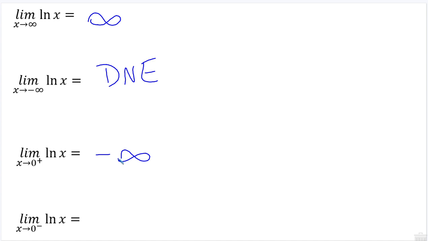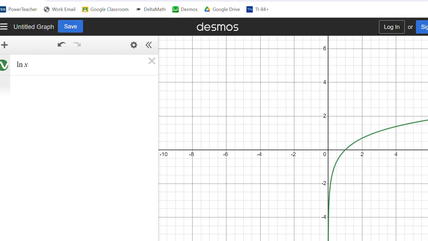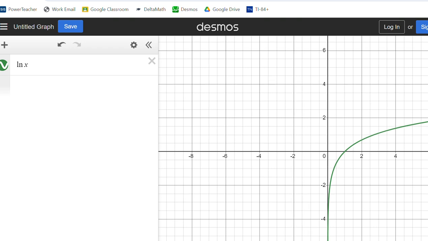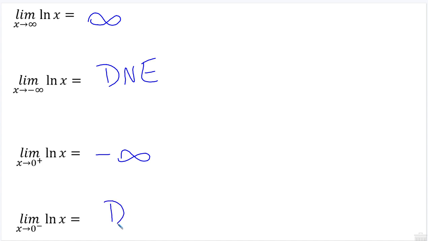But if I try to approach 0 from the left, well, I can't do that. There's no function on the left side over here, right? There's no function over here. So I can't have this. This limit also does not exist. So those are the 4 basic thoughts we need to have about the natural log function when we're talking about limits.